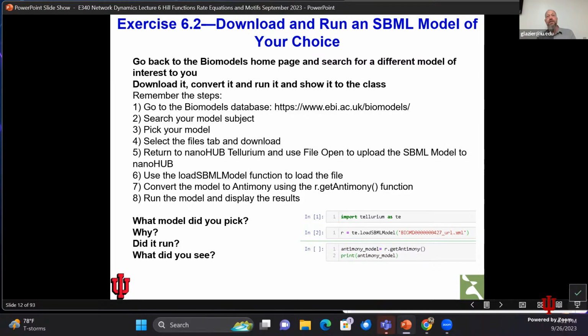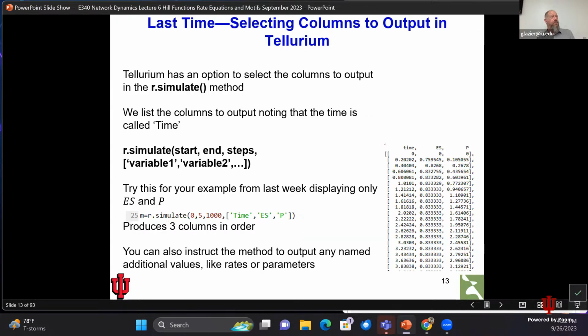In principle, if we can find an SBML model published somewhere else that we could pull in, we could do this exercise here in class. But I don't think I want to take the time to do that today. But if we get this working again, I would like to run this through together and see that it works.